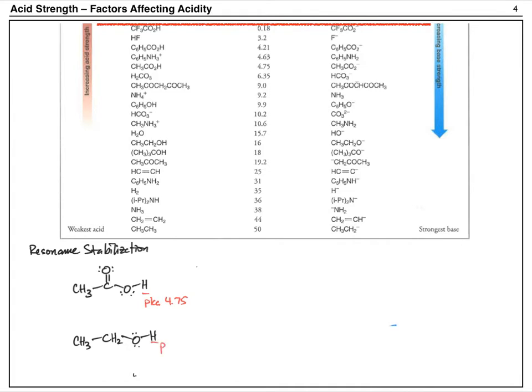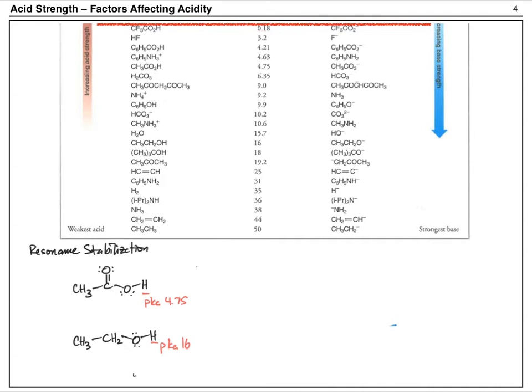This hydrogen has a pKa of 16. So now if you look, you have OH, OH. But why are these numbers so different? And so let me explain again the log nature. So if we assume that it's the pKa of 5 and pKa of 16, so 16 minus 5 is 11.